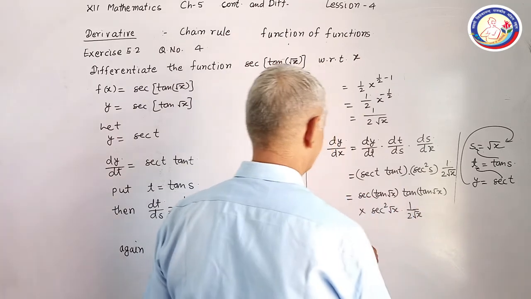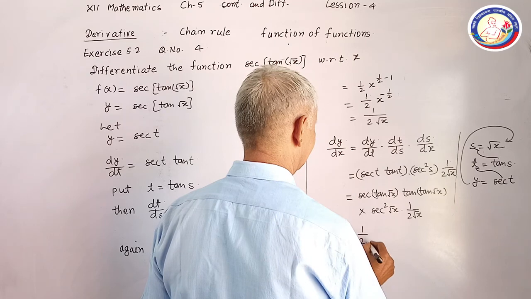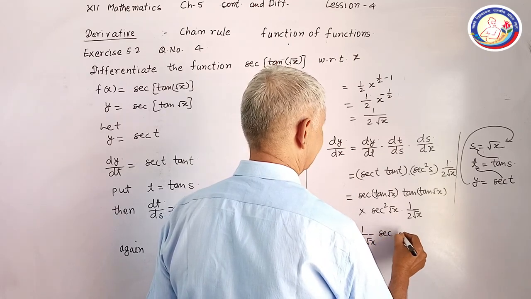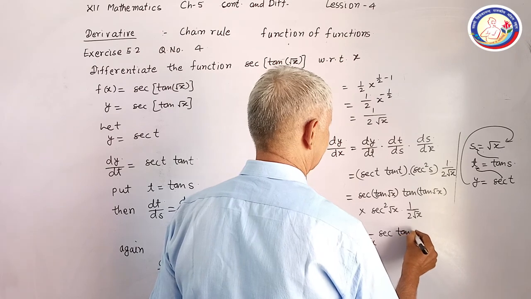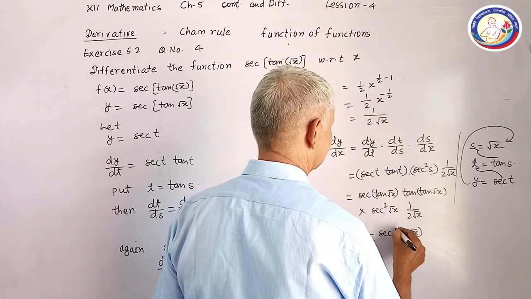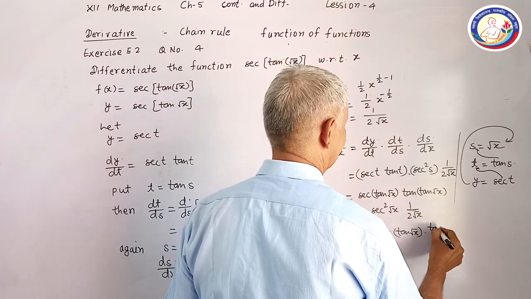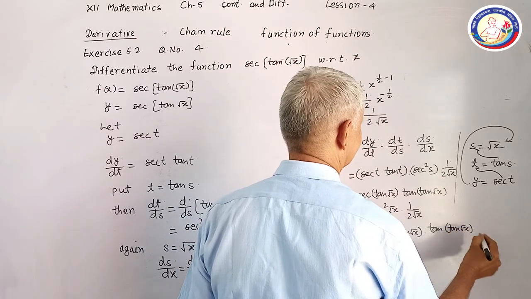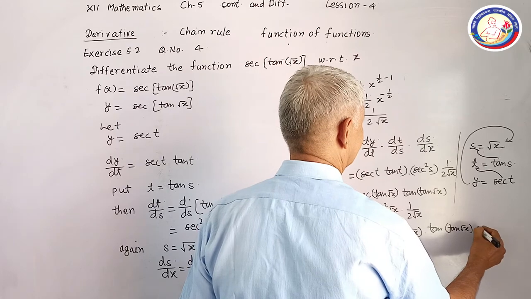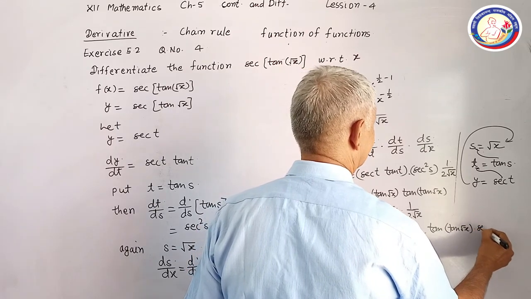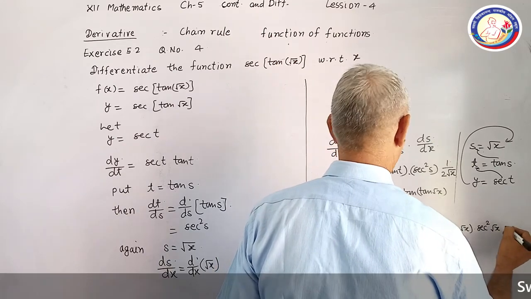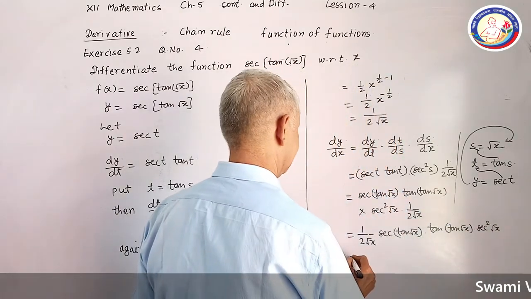So it will be simply 1 by 2 root x into sec of tangent square root of x multiplied by tangent of tangent root x into sec square root x. This will be the answer.